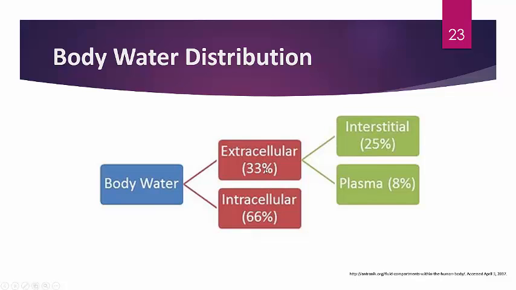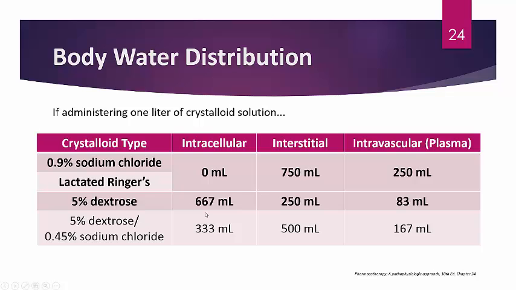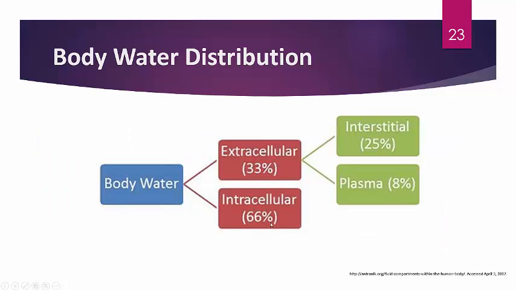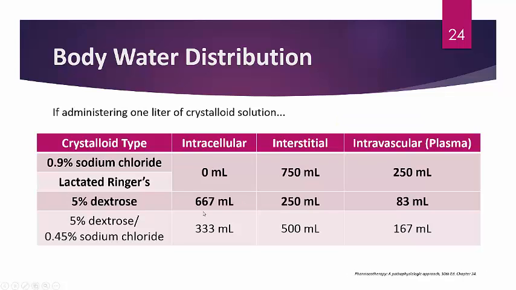And that's essentially what D5W does. So D5W goes into the intracellular compartment as well as the extracellular compartment. As a result, you see that 2/3 of your D5W is going intracellularly here. And of the remaining third, 3/4 is going interstitially, and of that going intravascularly into the plasma area, you see only 83 milliliters.